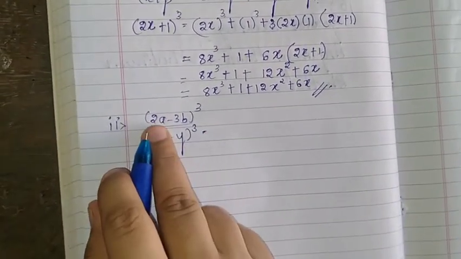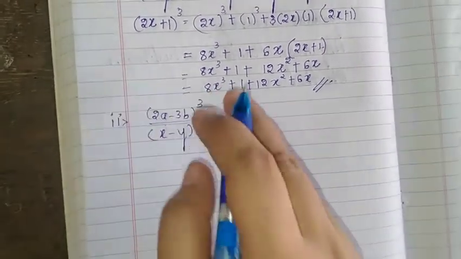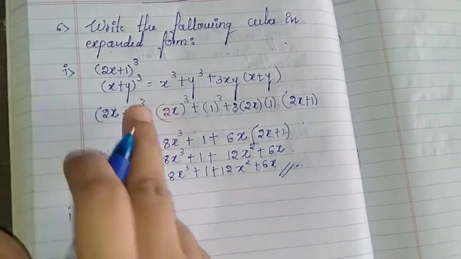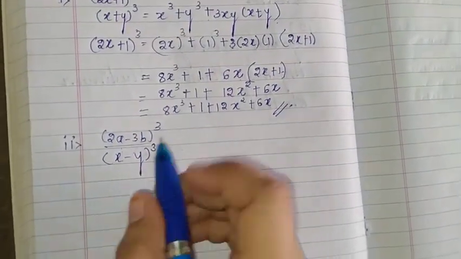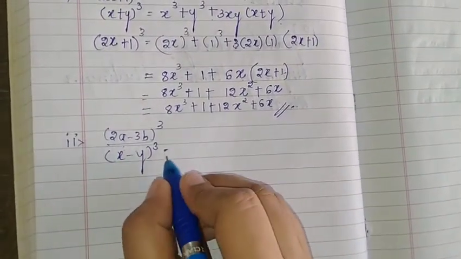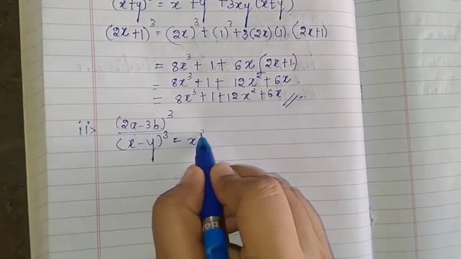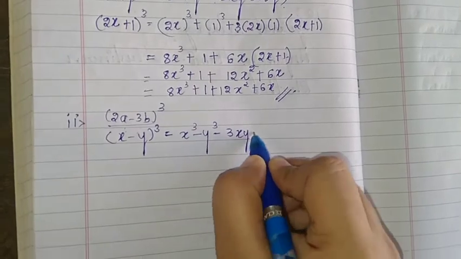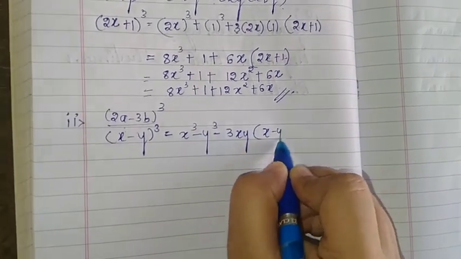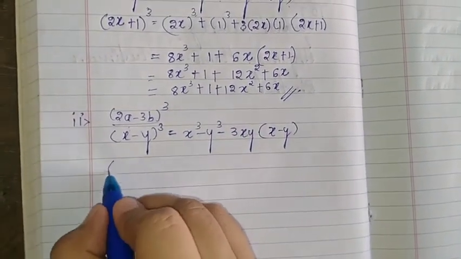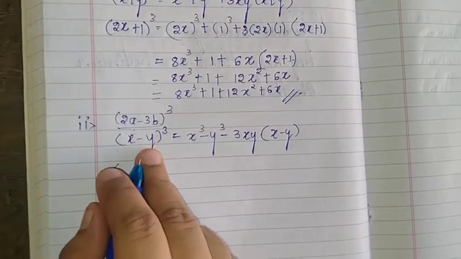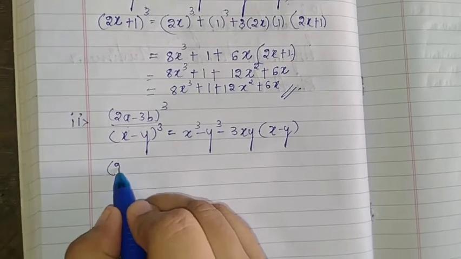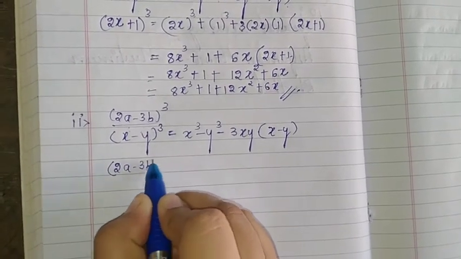So this was in the form of (x + y) the whole cube, and now this is in the form of (x - y) the whole cube. So that will be equal to x cube minus y cube minus 3xy into (x - y). Now in place of x here 2a and in place of y here 3b, you have to substitute over here.